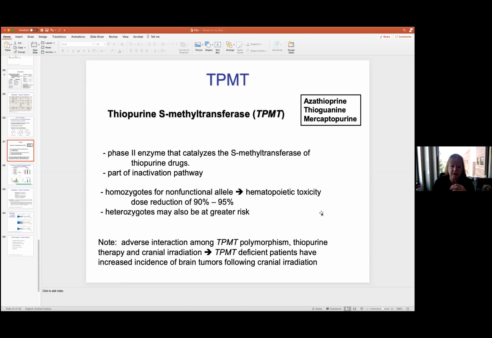And the key here is that heterozygotes could also be at greater risk, because the heterozygotes could have some inactivation going on, but not as much as you would expect for the canonical patient. So you may have to monitor heterozygotes and reduce their drug dosage regimen as well. Okay.